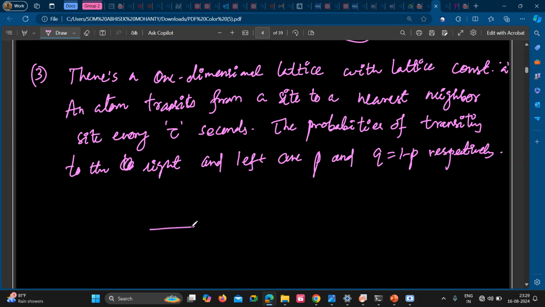Okay, so this atom can go here, here, here. The probability to the right is p, and to the left is q equal to 1 minus p.